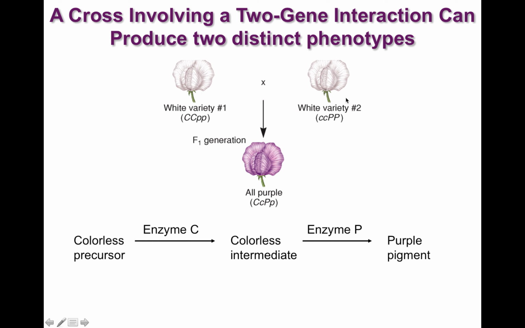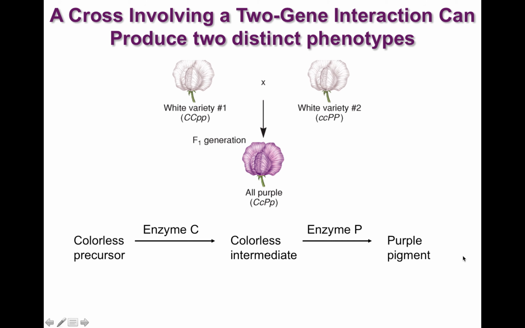When you cross these together, you end up with the F1 generation that is heterozygous at both genes. It has a dominant allele for the C gene from this flower, and it has a dominant P allele from this flower. So this flower has a good enzyme C and a good enzyme P, so it's fully capable of completing this entire pathway, producing the purple pigment.